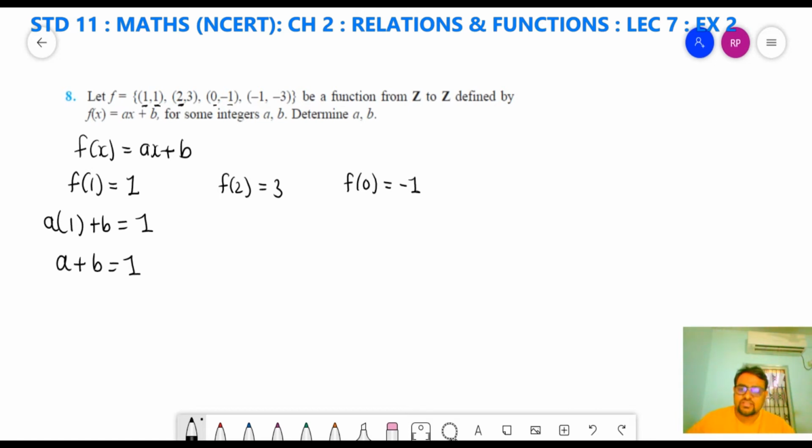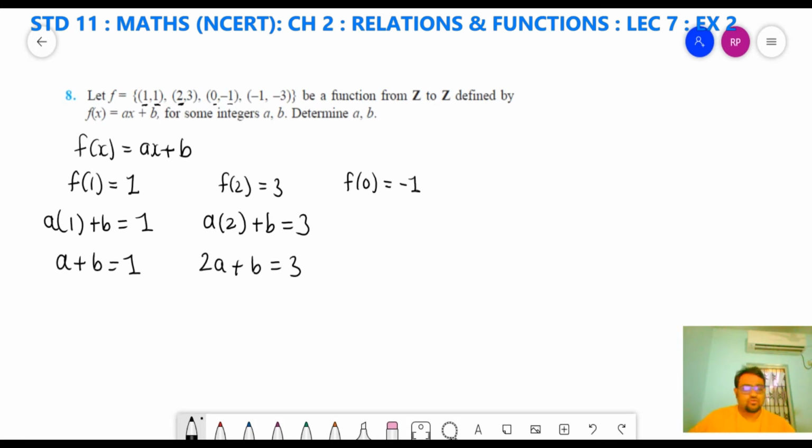Here it is given f of 2 equal to 3, so instead of x I write 2: 2a plus b equal to 3. From these we can use elimination.